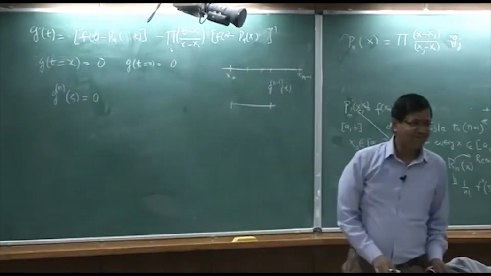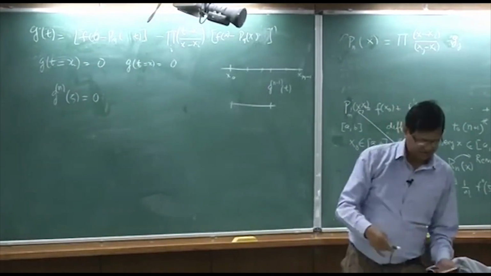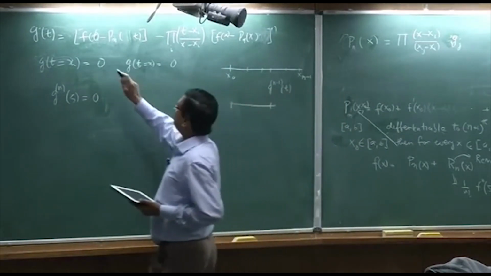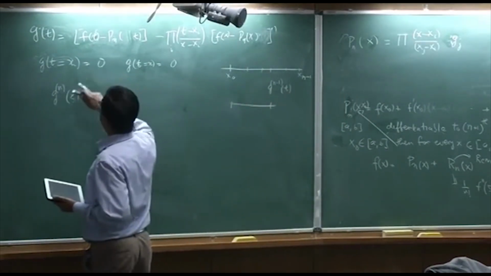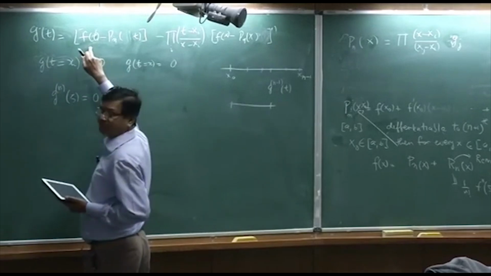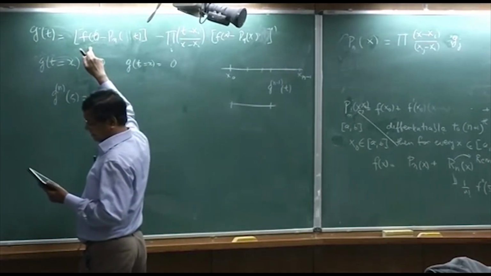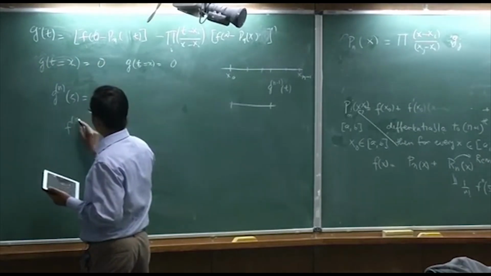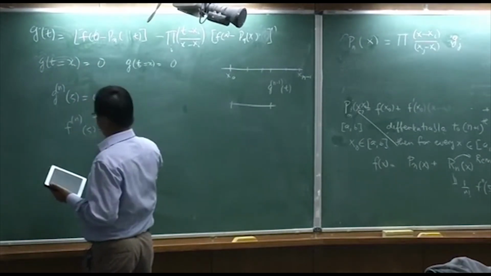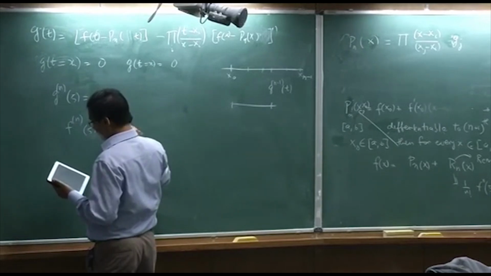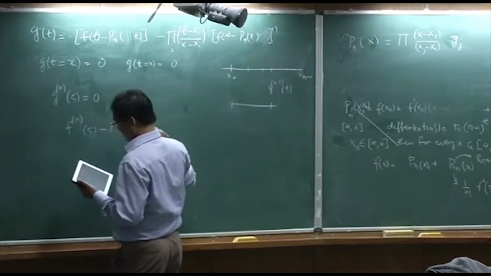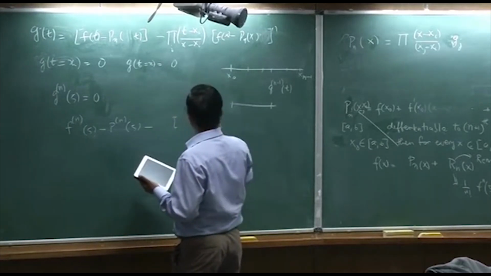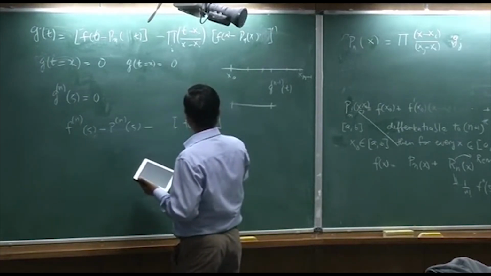Okay. So now I have to set this to 0 and take the nth order derivative. Now it's a bit of a task, but it will come out quite simple after this. So if I take the derivatives, let us see. I will take with respect to t. Okay. So I will get f n of zeta minus p n of zeta. I can see that a lot of you are not enjoying it.